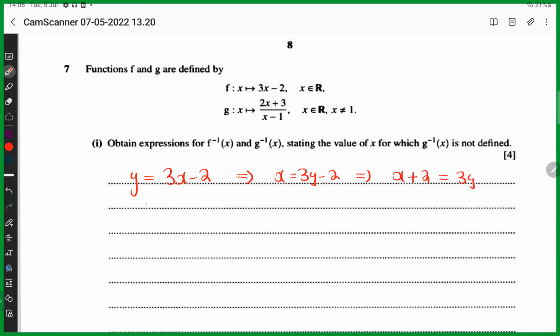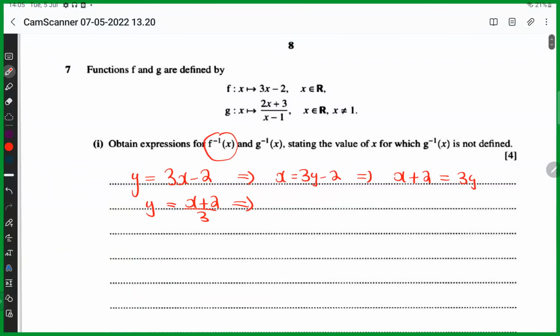And finally, I would get y equals (x plus 2) by 3. And since the question was about finding f inverse of x, not y, I'll write it down as f inverse of x is basically equal to (x plus 2) by 3.